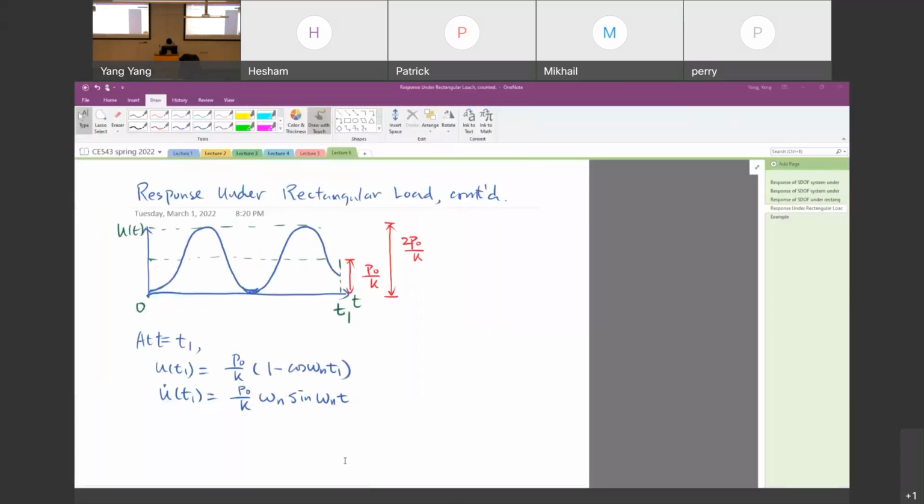So it's a function of the natural frequency itself too.